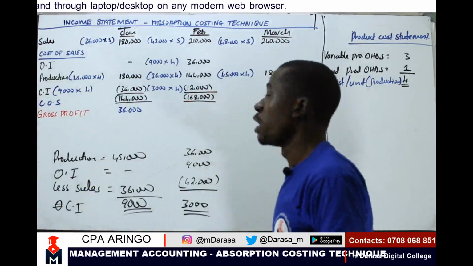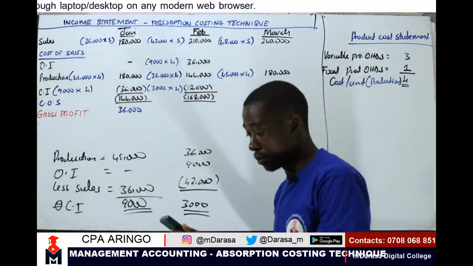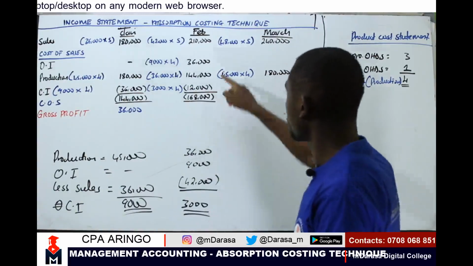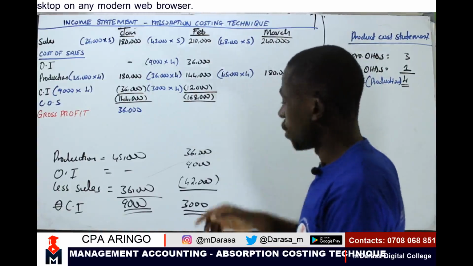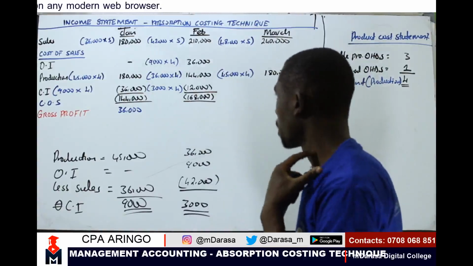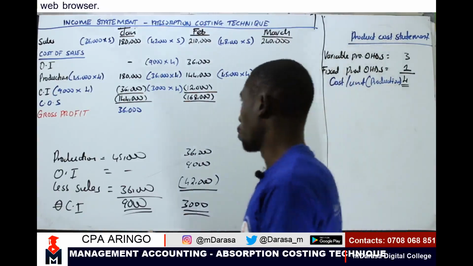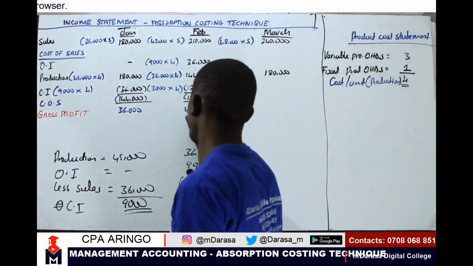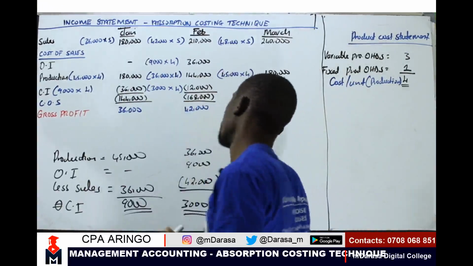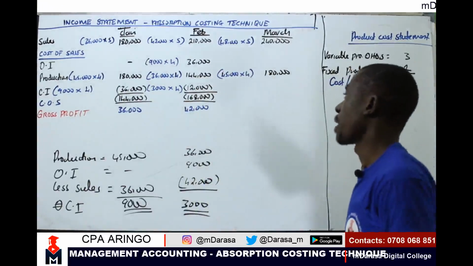Our sales of 210,000 minus our cost of sales, which we have determined to be 168,000, gives us 42,000 being our profit. You see the way it's flowing? It should flow like that.